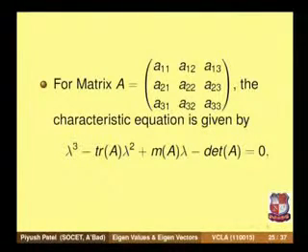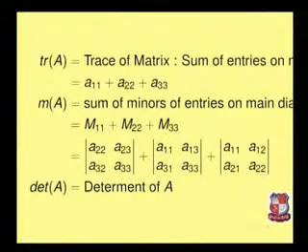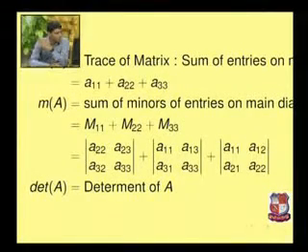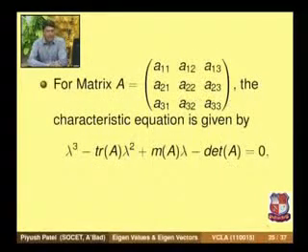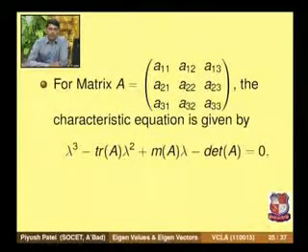You can see here the signs are alternating, and the coefficient of lambda squared is the trace, the second coefficient is the sum of minors of the main diagonal, and the third one is the determinant. That you can easily remember. So this will help you in order to find the characteristic equation for the matrices of order 2 and 3.